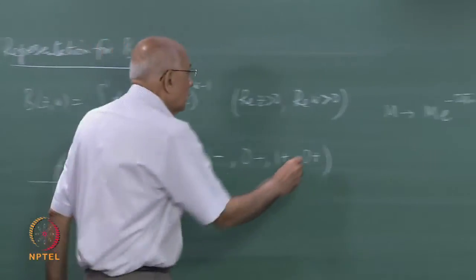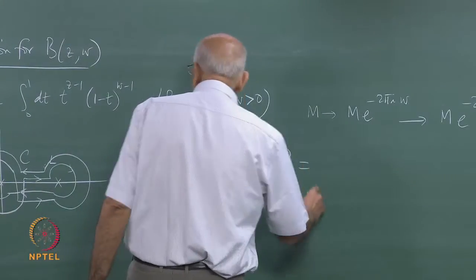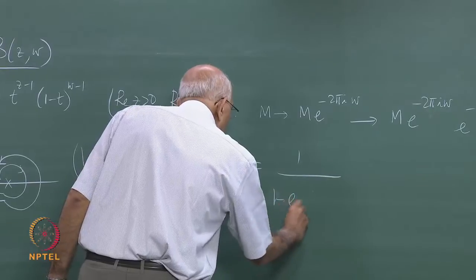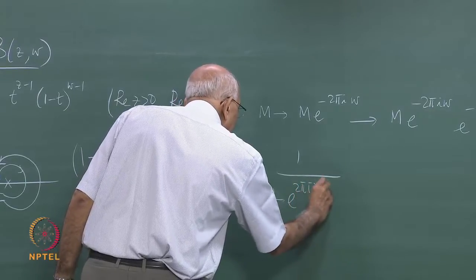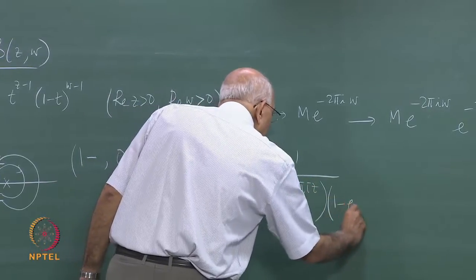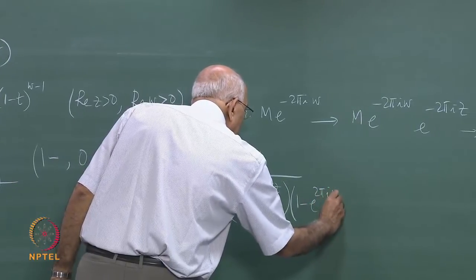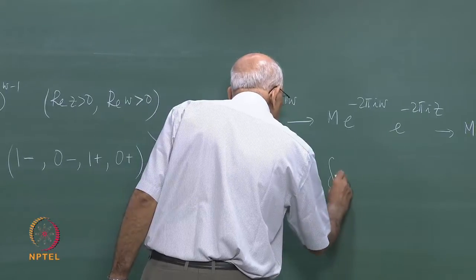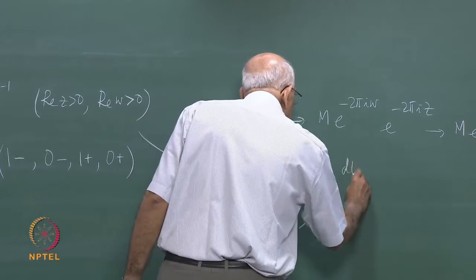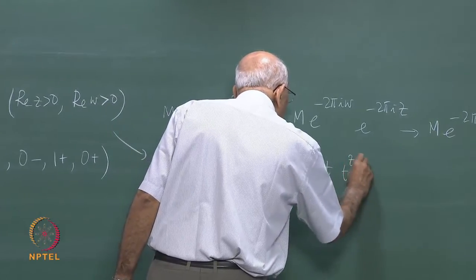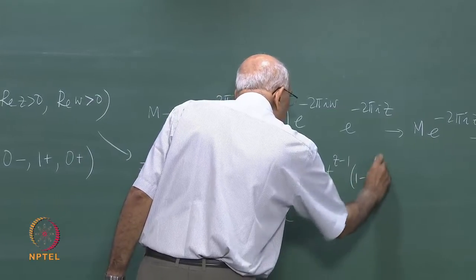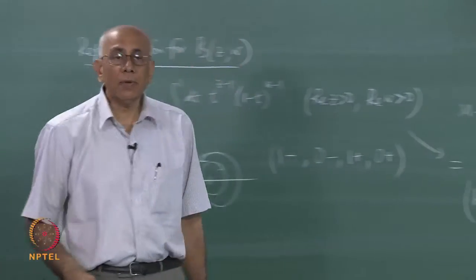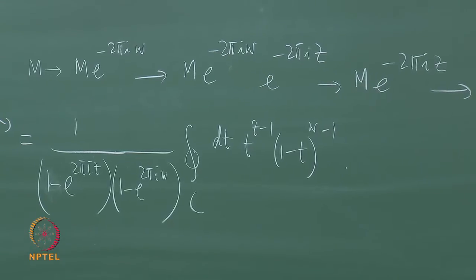So it turns out that this beta is also equal to 1 over, exactly as we did earlier, (1 minus e to the 2 pi i z)(1 minus e to the 2 pi i w), an integral over C, it is a closed contour, dt t to the power z minus 1 (1 minus t) to the power w minus 1, and that is valid for all z and w.